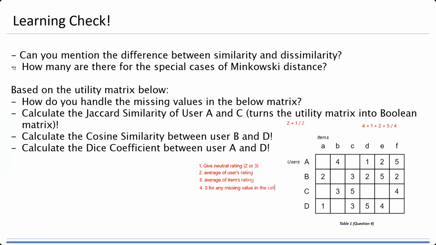Now for the next, I think I do not want to give any value to the missing cell. Let's try to calculate the Jaccard similarity, cosine similarity, and the Dice coefficient. Okay, who wants to try?